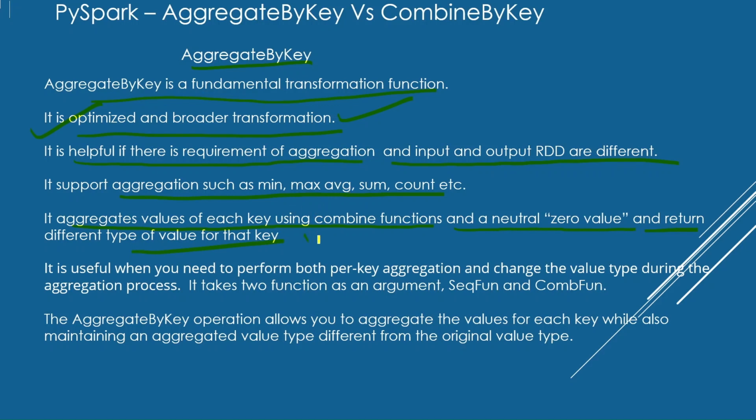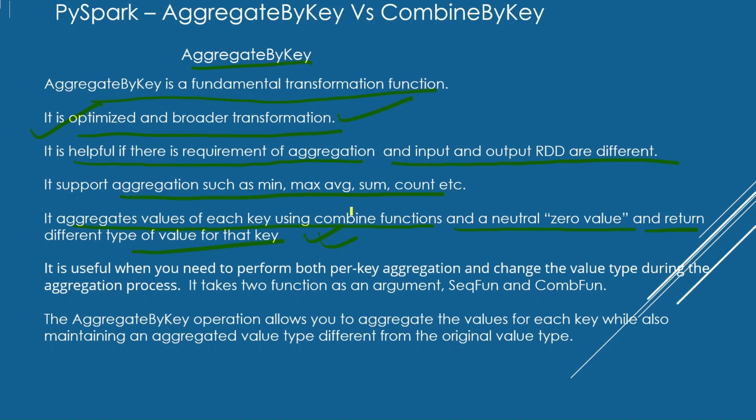Let's understand this point in detail. The aggregate function generally combines all the values of a key. But how does the combination process happen? It happens with the help of the aggregate function, but this aggregation happens at the per partition level.